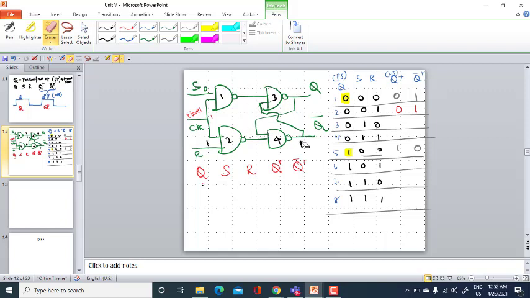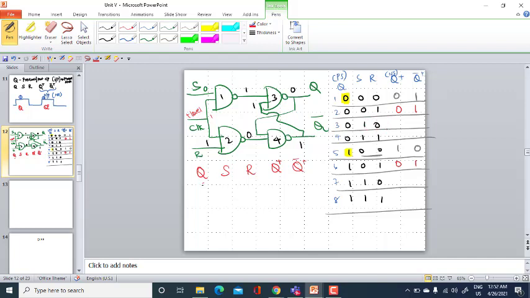So again your input combination is 0 1. I will be getting 1 over here, I will be getting 0 over here, and I will be getting 1 over here because 0 is the input. This one will be carried forward. 1 1 1 is 0. So this will be 0 1 and again 0 and 1.